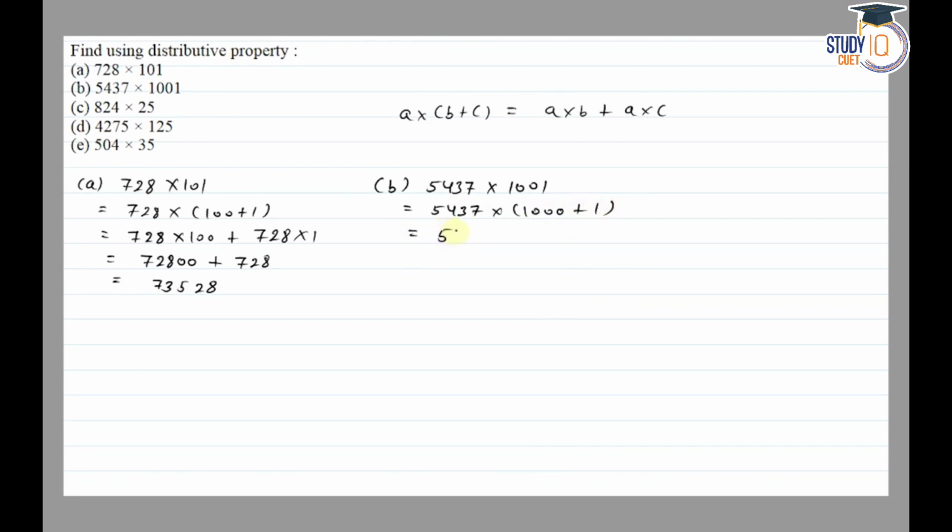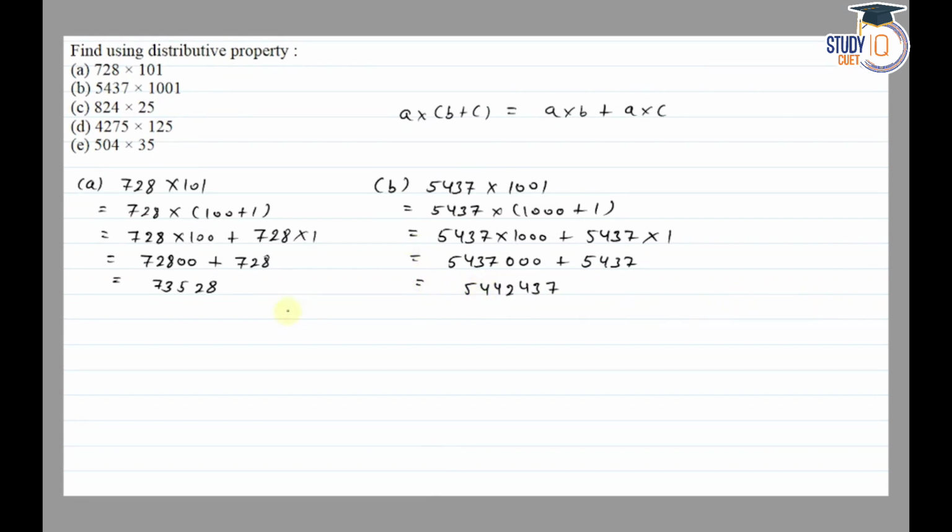So by using distributive property, 5437 into 1000 plus 5437 into 1. So हो जाएगा 5437,000 plus 5437. सम हो जाएगा हमारे पास 437 and 5 plus 7 12, 3 plus 1 4, 4 5.